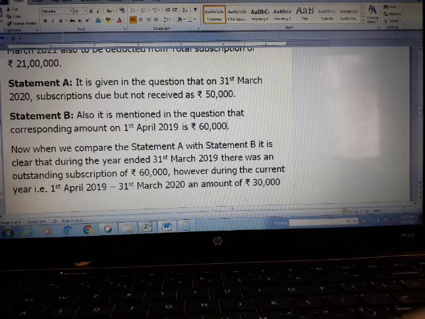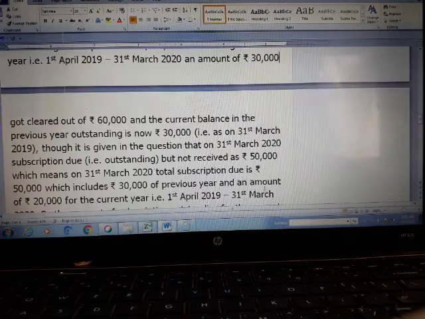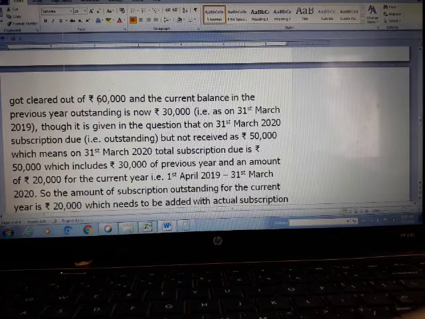Now, when I compare A with B, it is clear that as of 31st of March 2019, there was an outstanding subscription of 60,000 rupees. However, for the current year, that is 1st April 19 to 20, we have received 30,000 rupees. So, out of 60,000, 30,000 got cleared and there will be only a balance outstanding of 30,000.